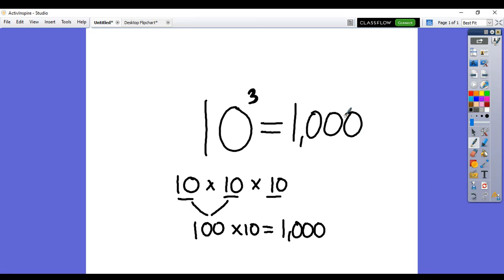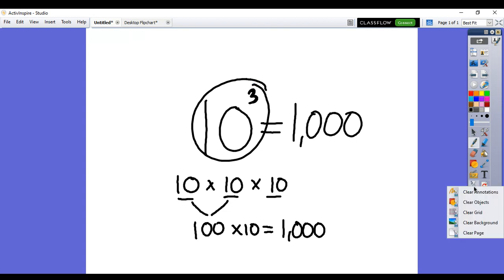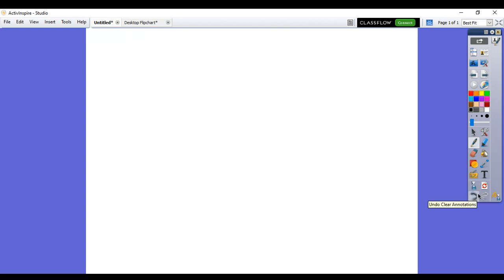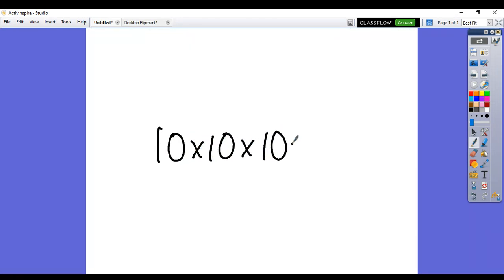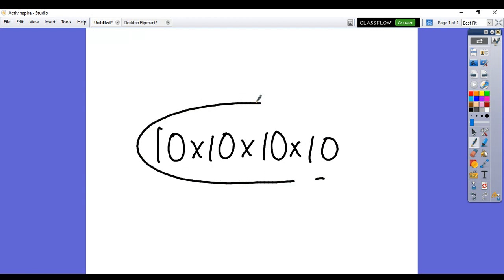We practiced this a week or two ago, looking at the exponent form and finding the value of that exponent form. Sometimes you'll get a problem that says 10 times 10 times 10 times 10, and it'll ask you to put this into exponent form.